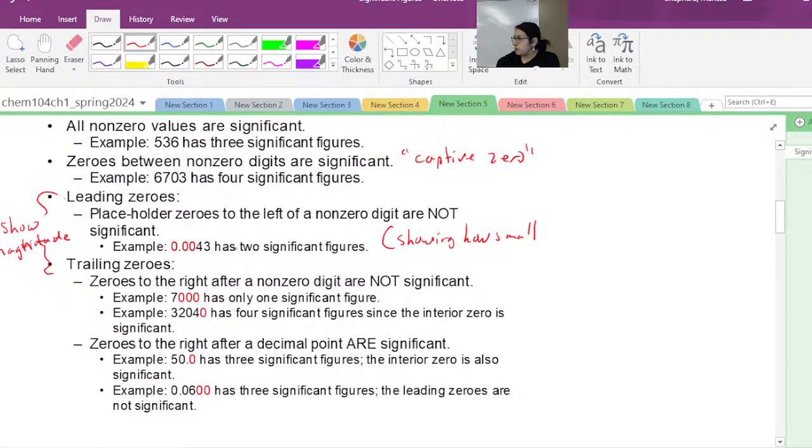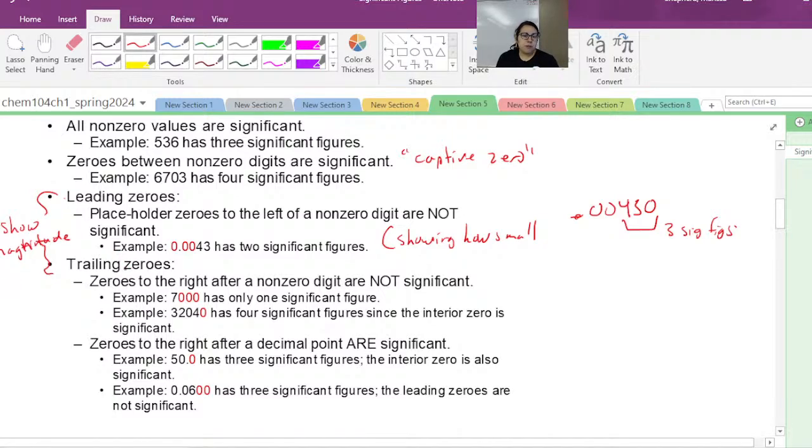Now, if we had put a 0 after it, so let's say we'd written 0.00430, now this zero would be significant. So now that's 3 sig figs. And the next rule is now showing how big. It says trailing zeros to the right after a non-zero digit are not significant.